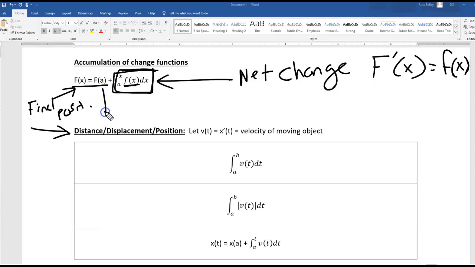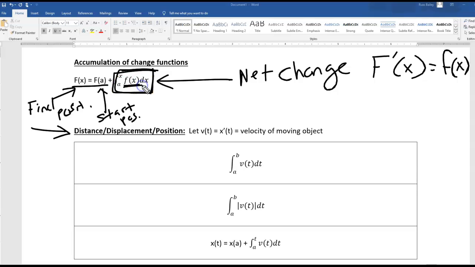Okay, this is going to represent our starting position. So f of A is the first time value that they give us, and so f of A would represent your starting position. So big F represents position, and f of x is going to represent our final position, and f of A is going to represent our starting position.